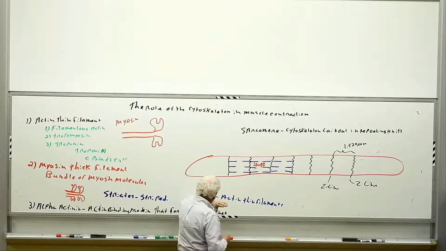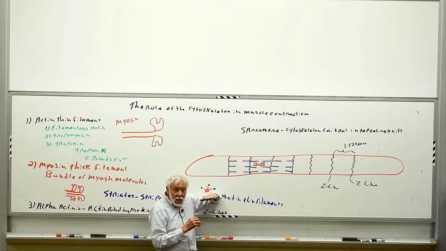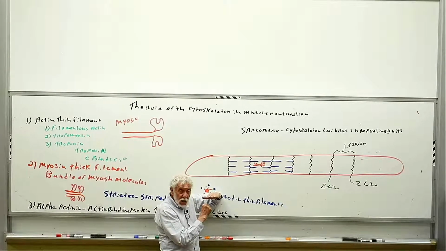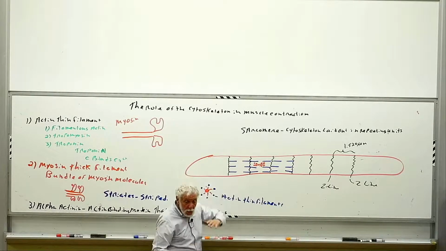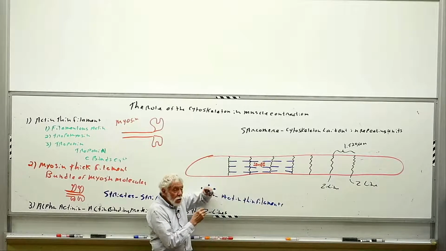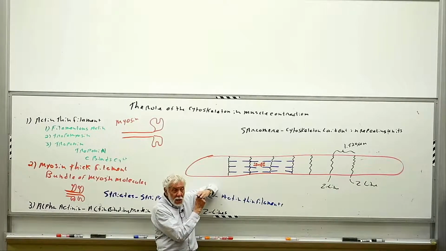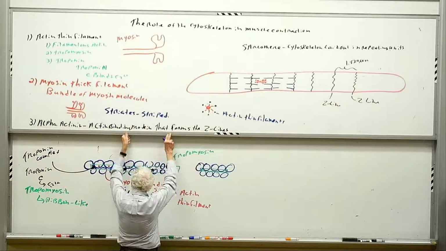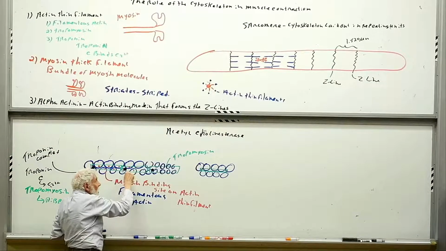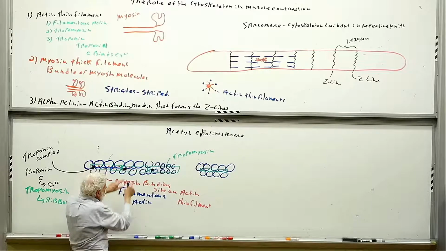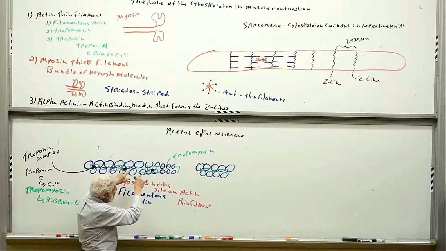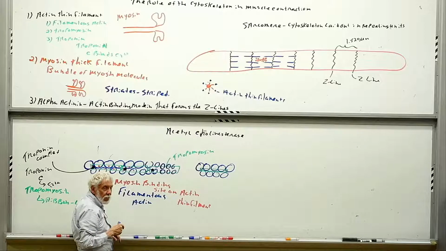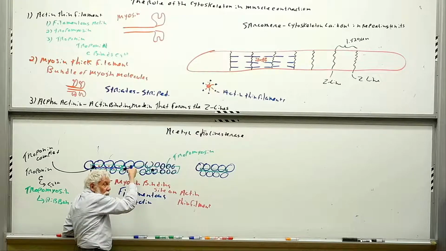So if my arm is the actin thin filament and the fist of my right hand is the myosin head, it's trying to reach up and contact that actin thin filament. But the problem is that there's a molecule of tropomyosin in the way, so it can't make that contact. So another way of thinking about this, and the way I drew it on this panel, is that these myosin binding sites in the actin are covered over, they're occluded, they're blocked by the tropomyosin. So you can imagine the myosin head down here trying to reach up and contact it, but it can't.